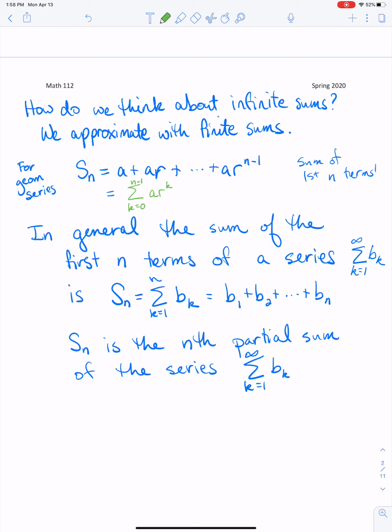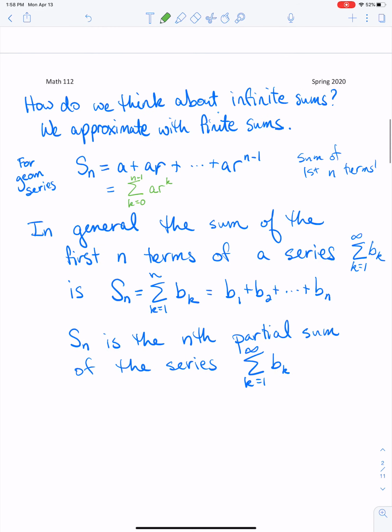And so here you see that there are still n terms in the sum Sn, but the indexing is just shifted by 1 because the series here is starting with the indexing variable equal to 0. Okay, so there we have the partial sums.